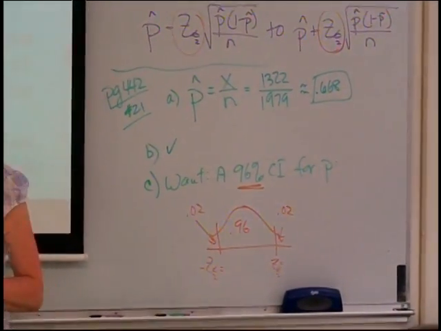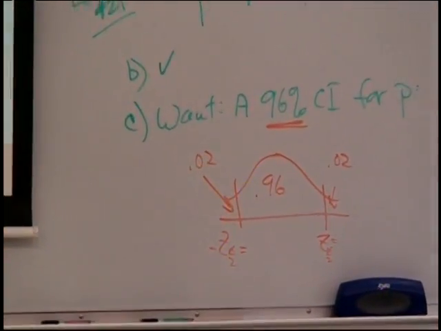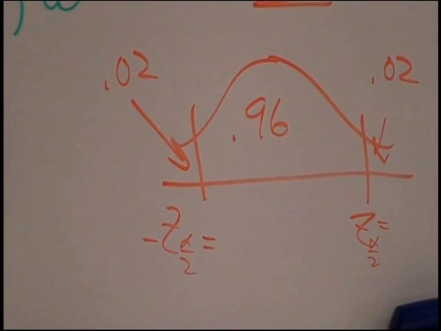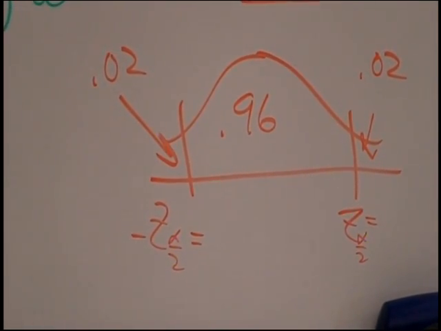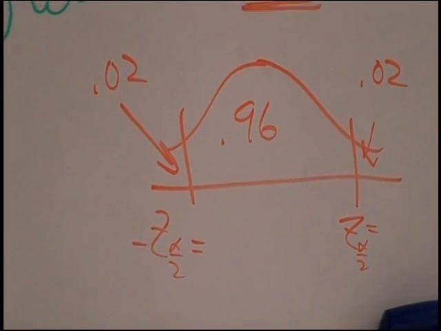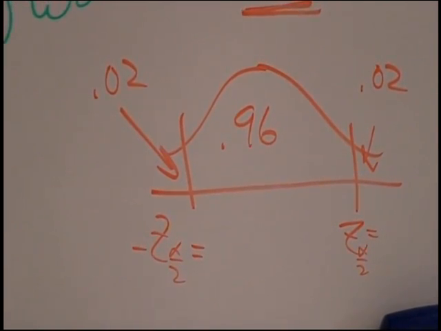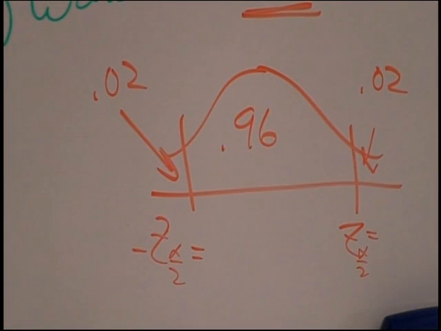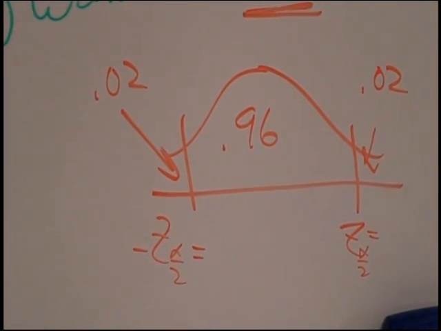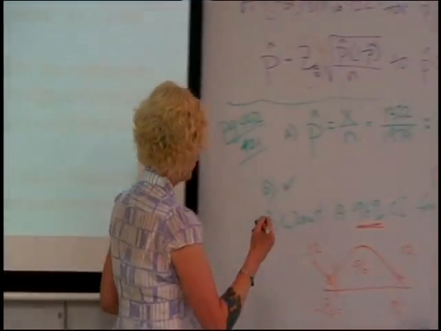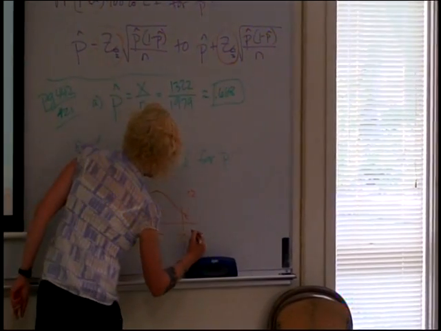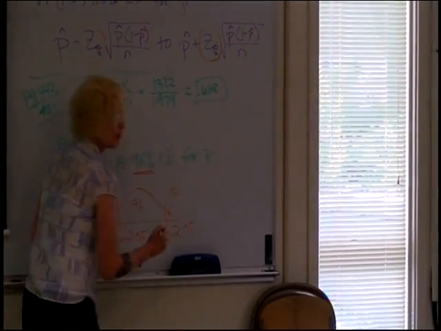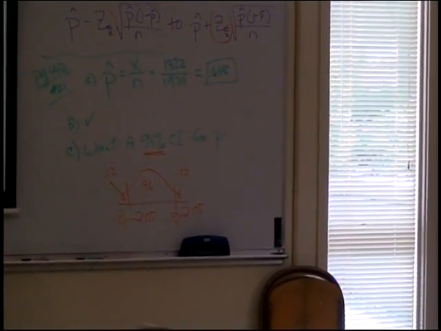So you're going to look up an area of 0.02 on your z table, not your t table. What do we get? Negative 2.05. The closest is 0.0202. That means on the positive side, positive 2.05.